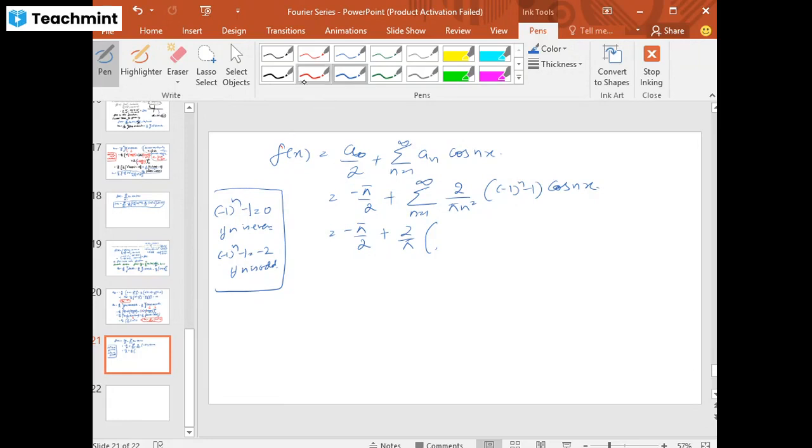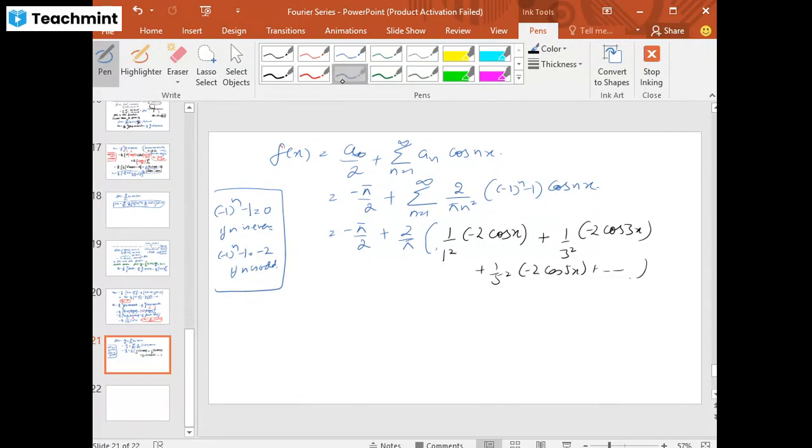Okay. So basically, if I open this, we get 1 upon 1 square into minus 2 cos x plus 1 upon 3 square into minus 2 cos 3x plus 1 upon 5 square into minus 2 cos 5x and so on.